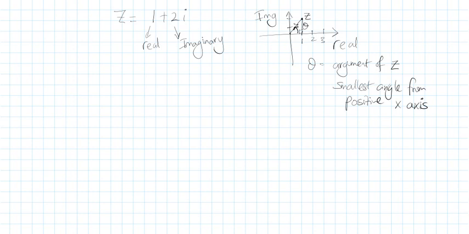So that's the first scenario where you have 1, 2. So 1 on the real and 2 on the imaginary. So the dot is here, that's the line. And the smallest angle from the positive x-axis, that's theta. So this is actually a right angle triangle with this being the angle.